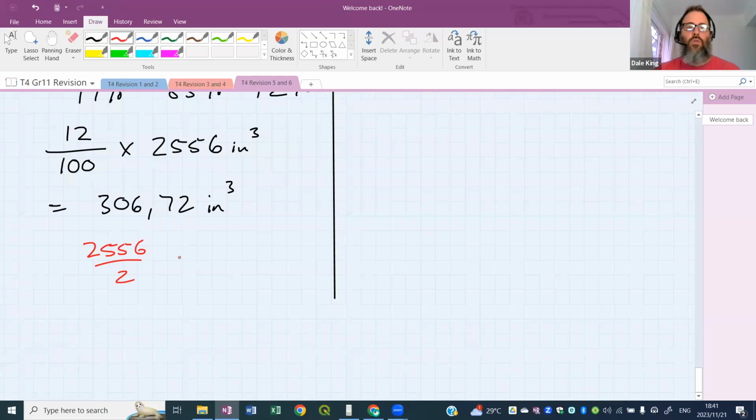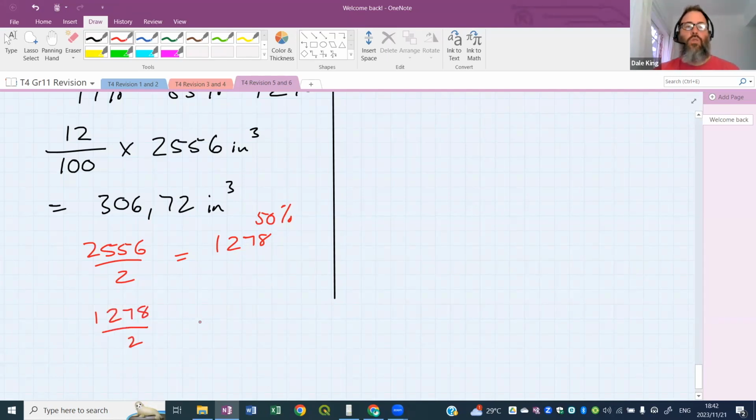Cut it into 2. It looks roughly like 1250 and then another 25, so 1278. It might not be exact, but you're just estimating. So that's 50% of the tank. What if we take the 50% and cut it into half again?